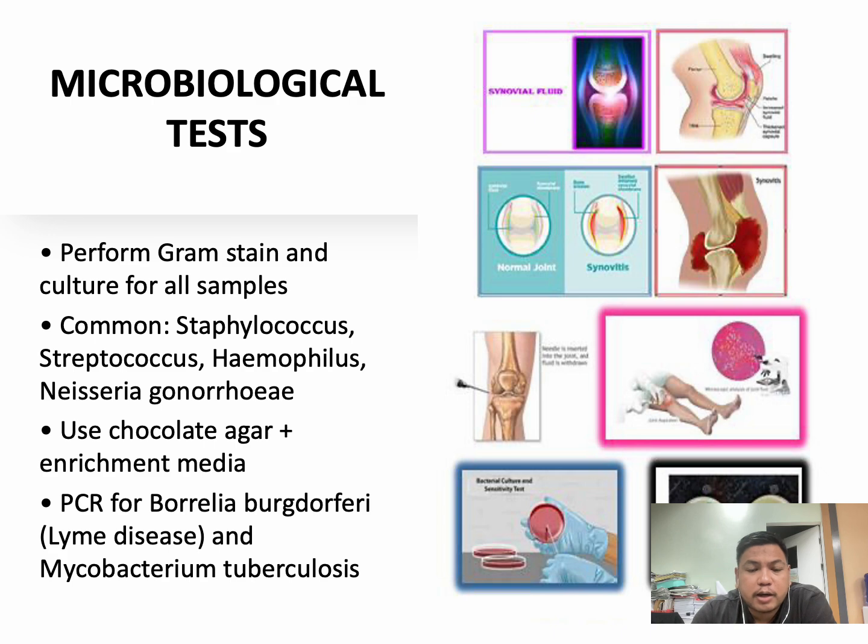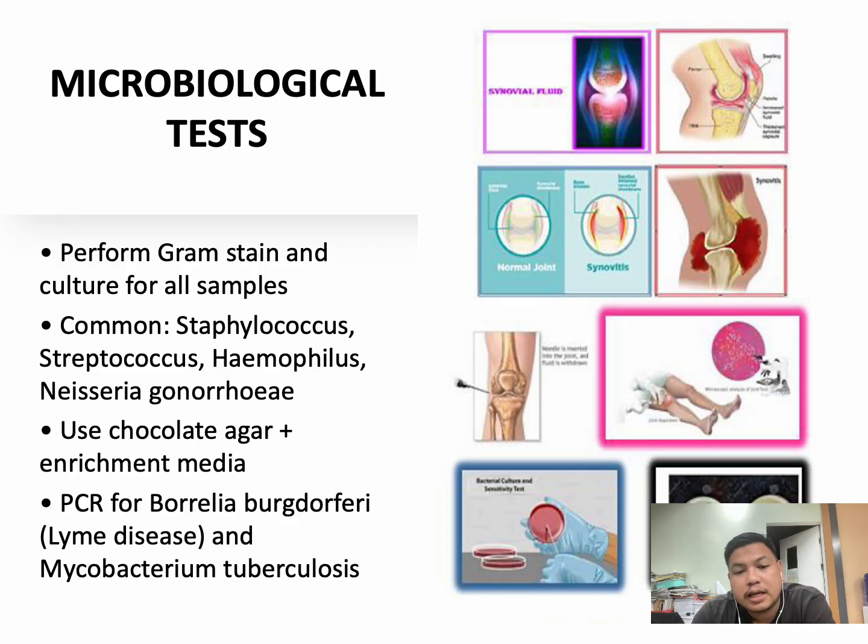For our microbiological tests, these are performed in our bacteriological lab. Our synovial fluid is smeared on slides and stained with gram stain, and cultured for all samples, so GSCS.